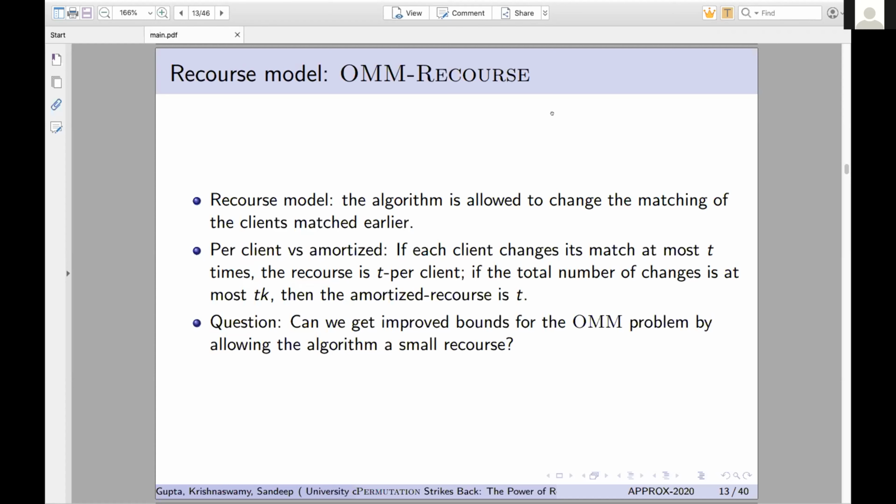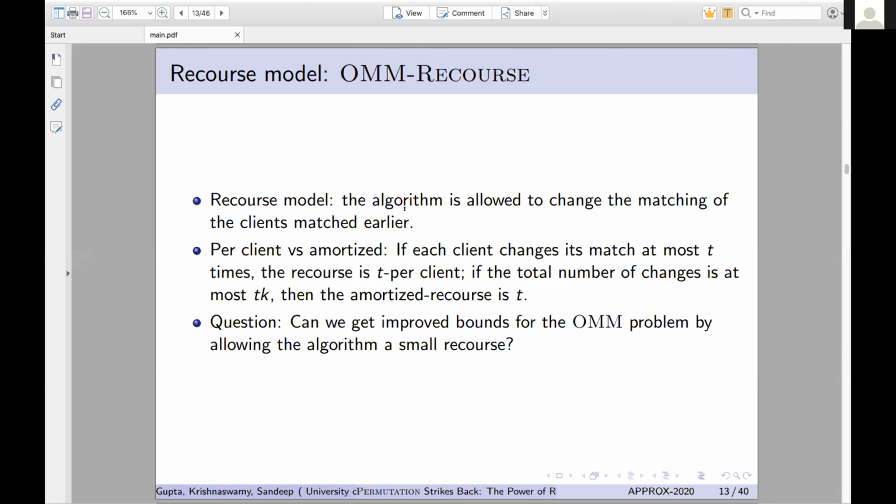But of course, the trade-off is between the amount of recourse versus the competitive ratio that you maintain. And here there are two variants, per client versus amortized. As the name says, per client recourse means each client changes its matching at most this many times, versus amortized recourse, where the total number of changes of all the clients is at most t times the number of clients.